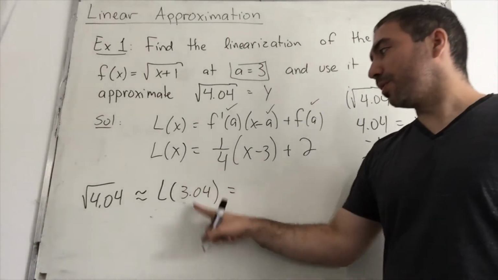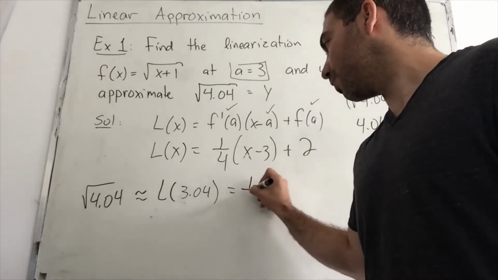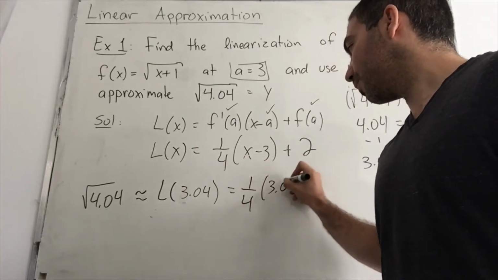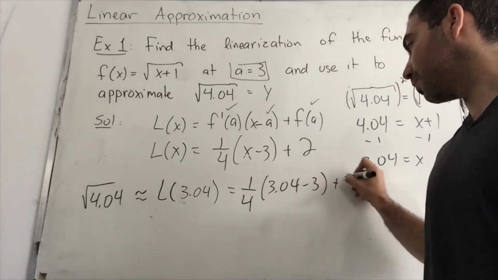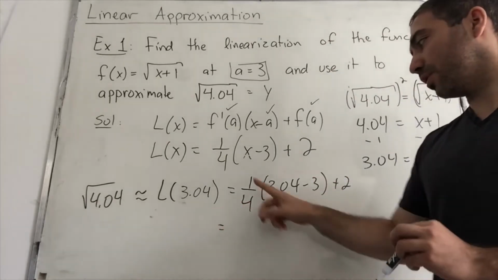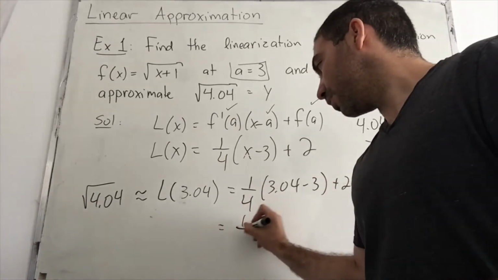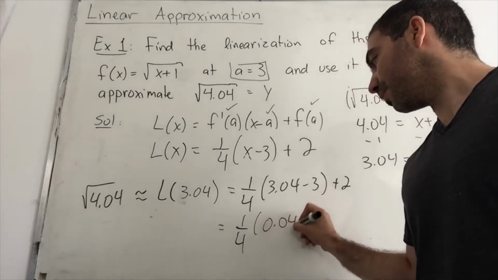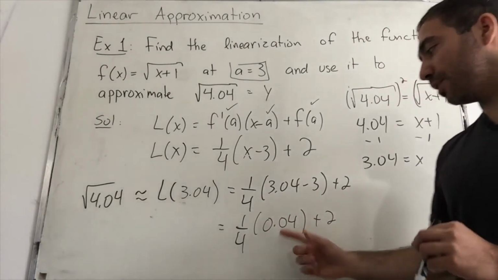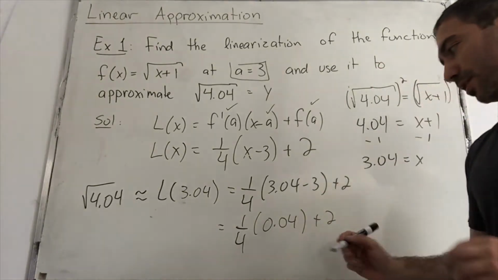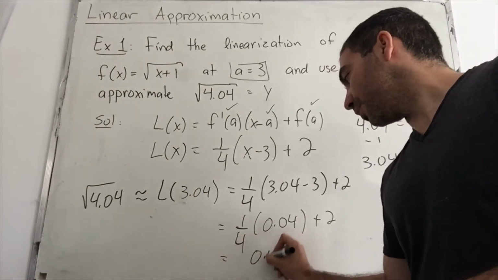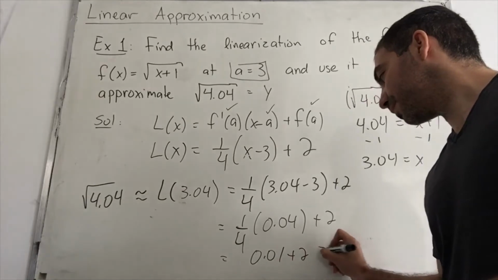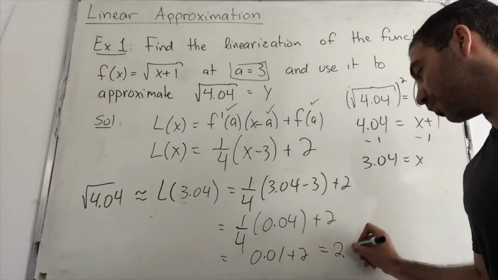And if we substitute 3.04 into this equation, we get 1/4 times 3.04 minus 3, plus 2. 3.04 minus 3 is just 0.04, plus 2. And then 0.04 divided by 4 is just 0.01, plus 2, giving us 2.01.